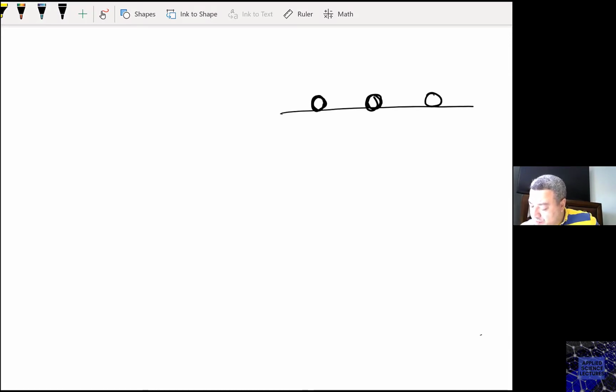There is a rope that is pulling, this is T equals 35.3 Newton, right?